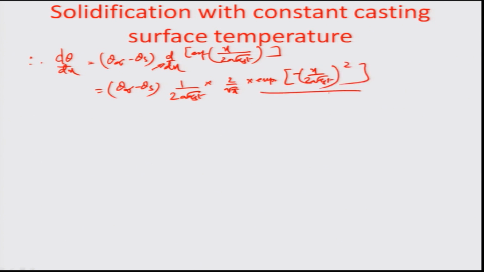So that is how the error function is differentiated. I think I had mentioned it in the last lecture, and so this really can be put back into the equation that we were doing earlier as Ks times del theta by del x at x equal to delta.